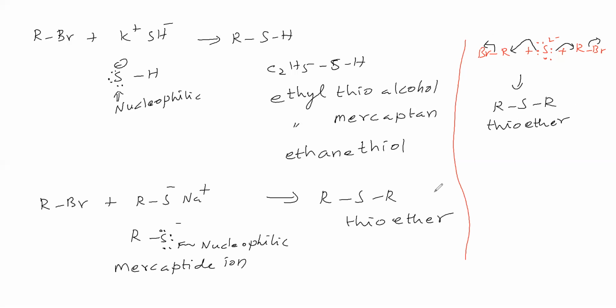Next reaction we will see. Alkyl halide we will take, then silver acetate. Carboxylate substance, the silver salt of carboxylic acid, we have taken. So what is the reaction? We'll see.